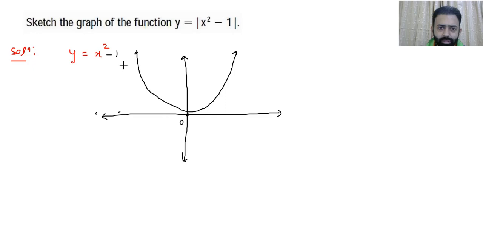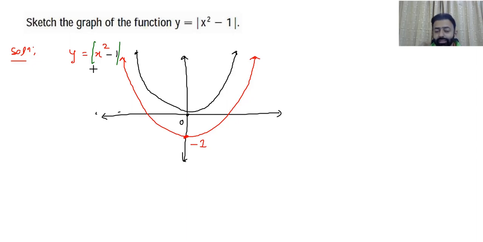So now this has become something like this. Okay, 1 unit towards the negative y-axis, this is minus 1, this point. Now the last thing that you have done here is you have taken the modulus sign. What the modulus sign does is that whatever part of the graph is below the x-axis, it changes those negative values to positive values.